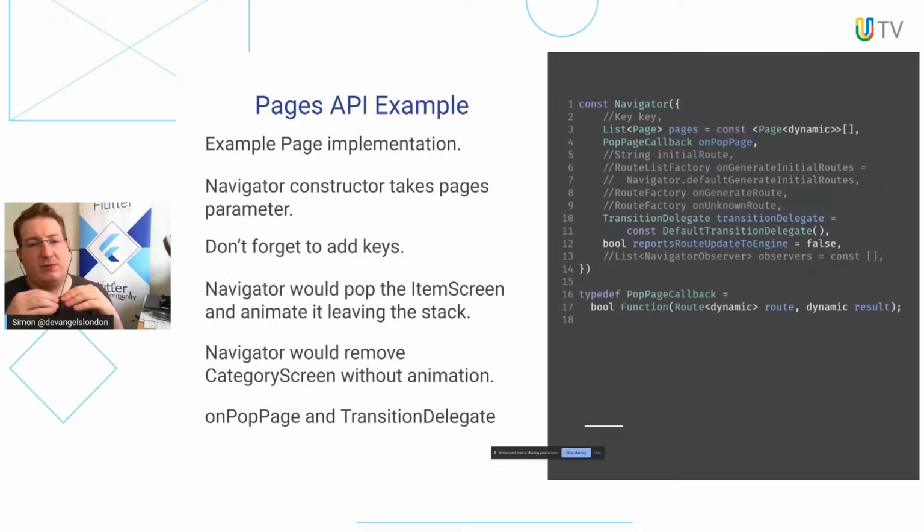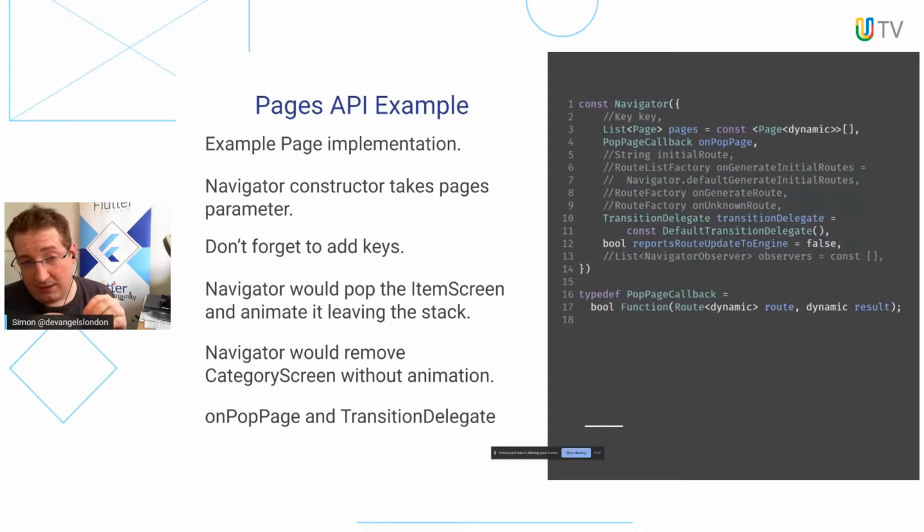So the key concepts here, we've got pages, which is our page array, and we have onPopPage. If we want to implement the pages array, we need to implement onPopPage, right? This is basically how the navigator reports back to us that a route has been popped from the stack. And then we can use that to update our list of pages, remove it, and rebuild the navigator widget itself.